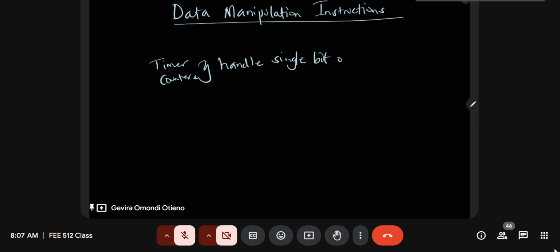Meaning that at their input, they can only take a single bit, which is either a 0 or a 1.